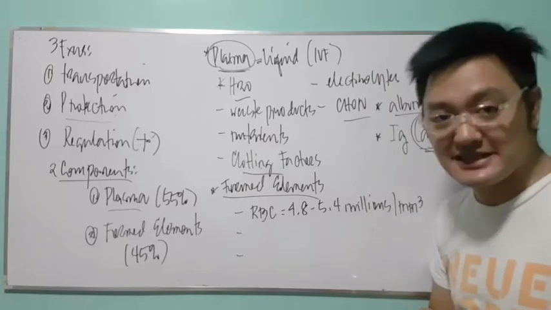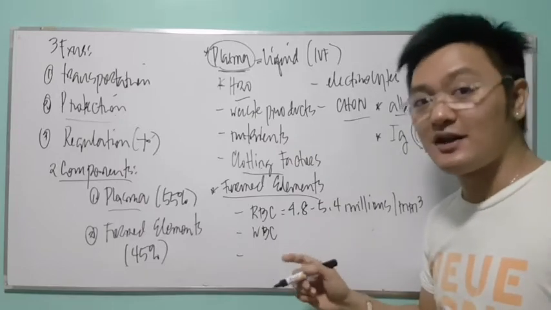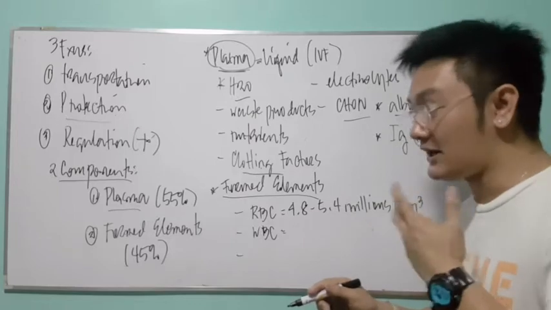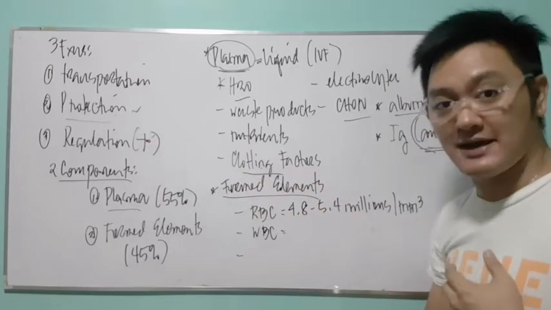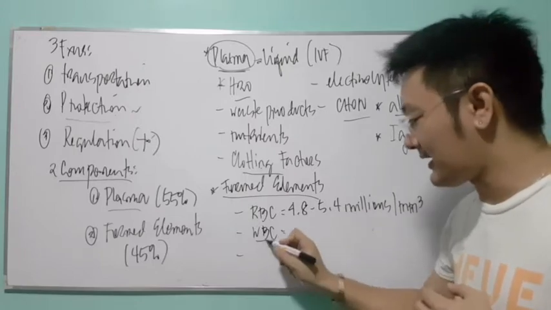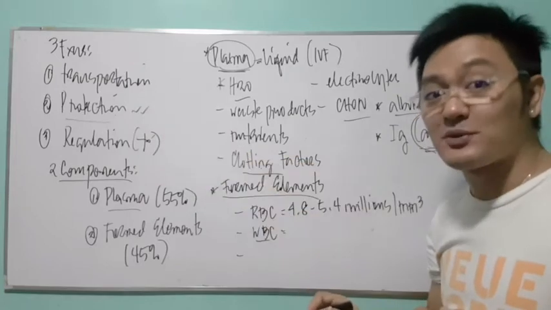Okay? That's your RBC. Next. Another is your WBC. You also call this your leukocytes. Remember I mentioned a while ago protection, right?